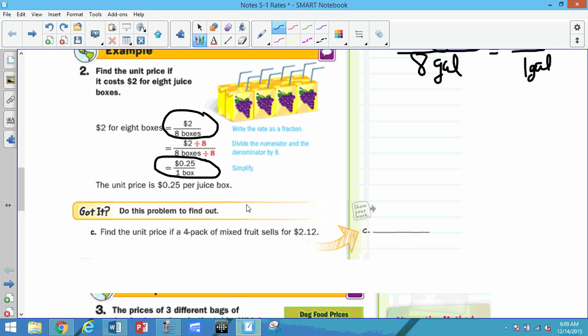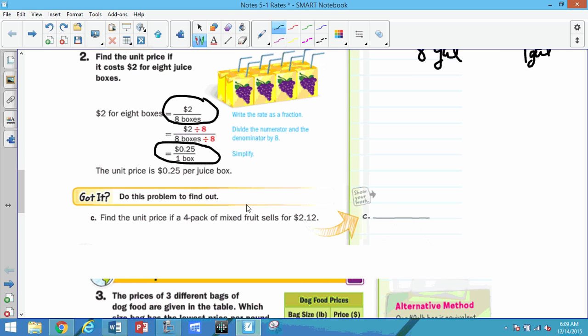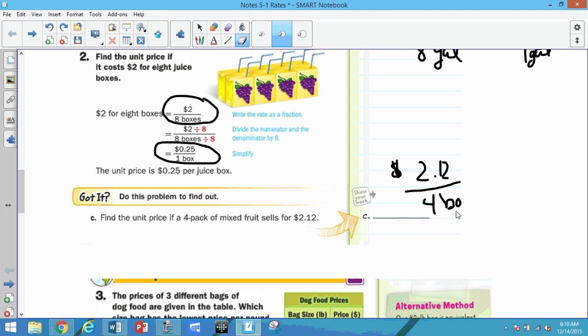Okay? So C then asks you to find the unit price if a 4-pack of mixed fruit sells for $2.12. So I want you to pause your computer and do that one. Okay, so that's going to be $2.12 over 4 boxes, right? Well, I shouldn't say boxes, because we're not talking about juice.